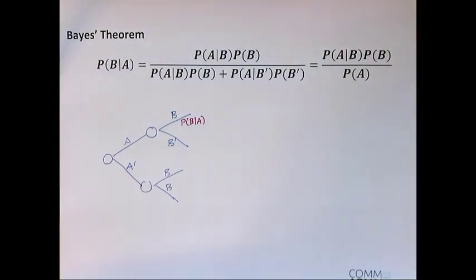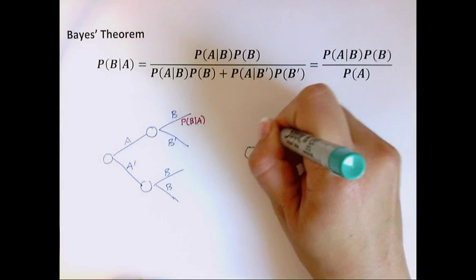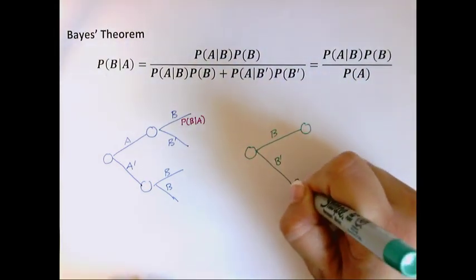What if instead the information is being presented as B occurring first and then A happening?